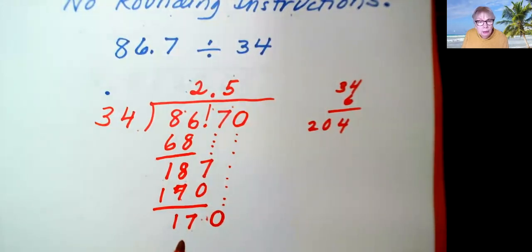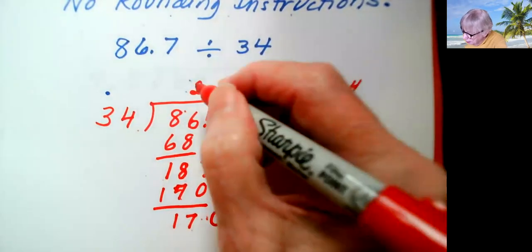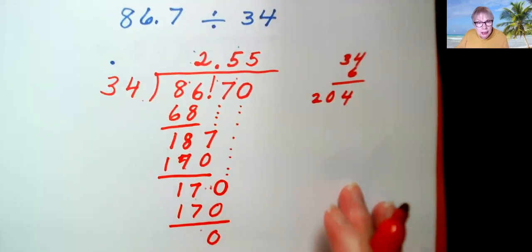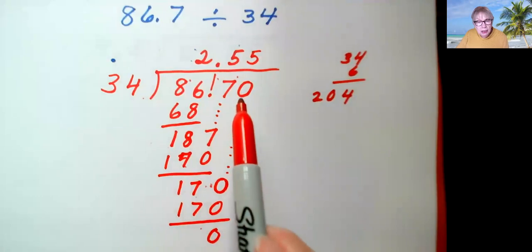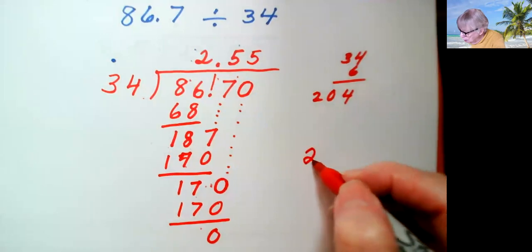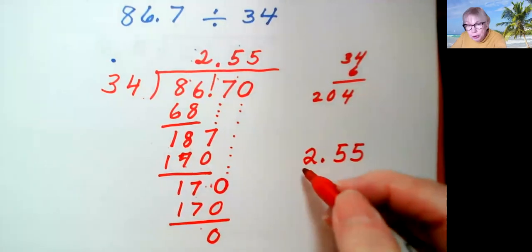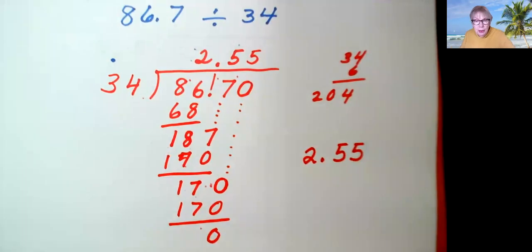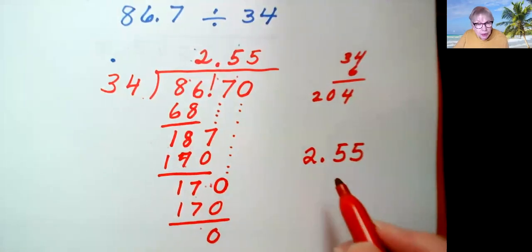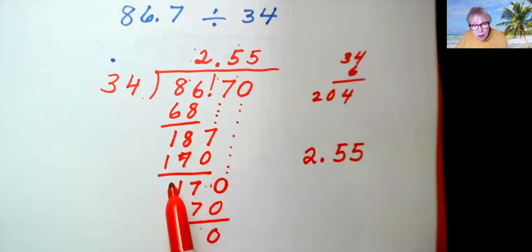And in fact, we see it right here, what happened when we chose the 5. 5 times 34 is 170, and this gives us a remainder of 0. I had to add one more 0 for this to come out exact. So the final answer is 2 and 55/100ths, and there's absolutely no remainder. That's a lovely, exact answer.